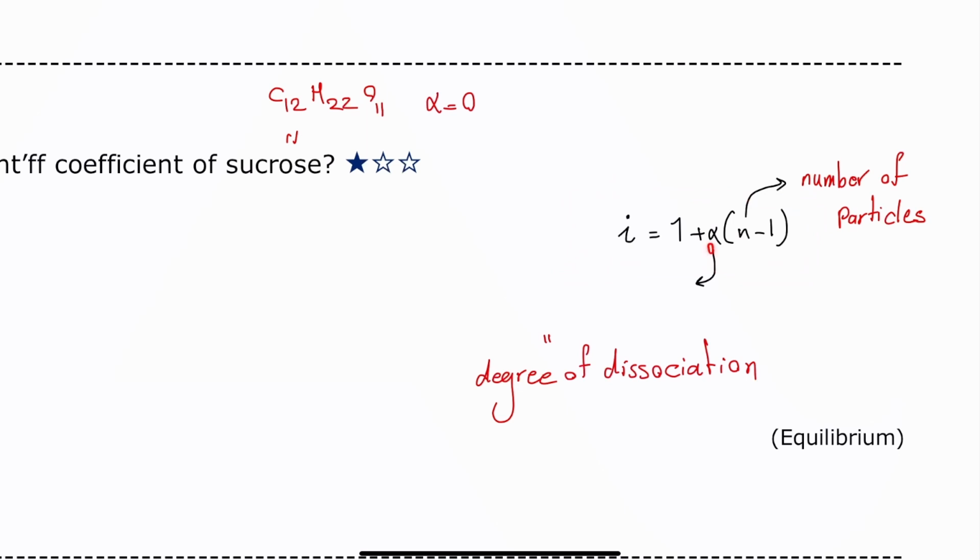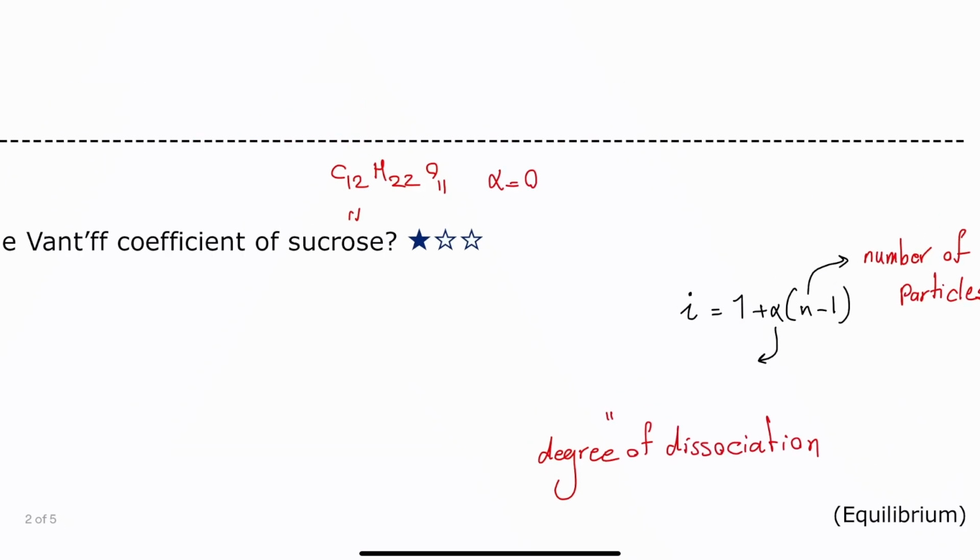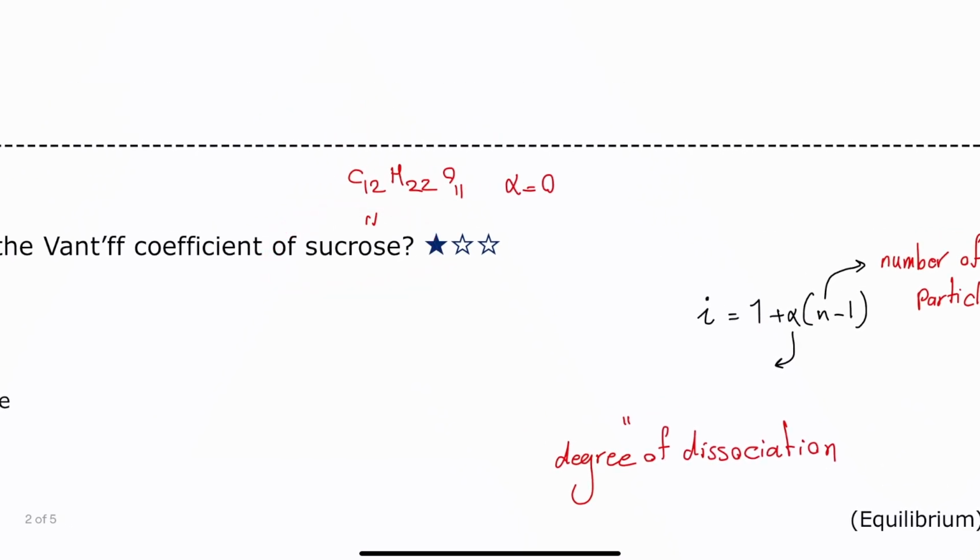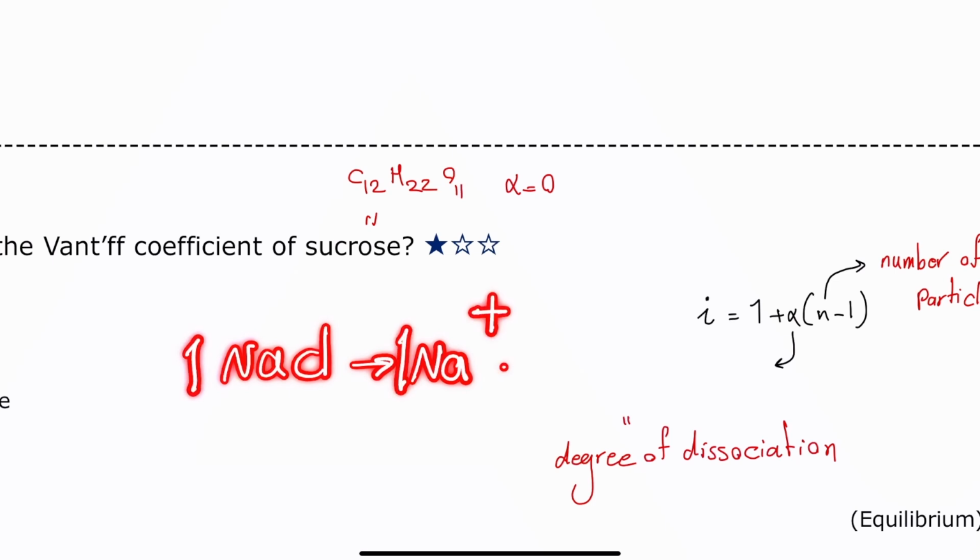And here, in order to understand alpha, we have to think about what happens to sucrose, does it dissociate, for example, when we put it in water. The important thing is that sucrose will dissolve in water, but it won't make any ions. For example, if you put NaCl, sodium chloride, into water, for each mole of it we would have Na plus and Cl minus, the ions.